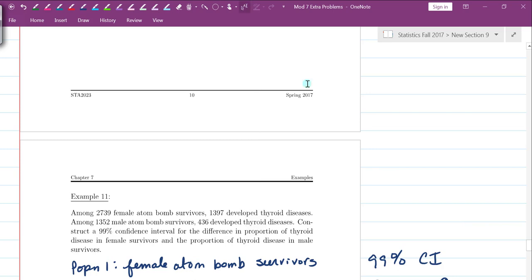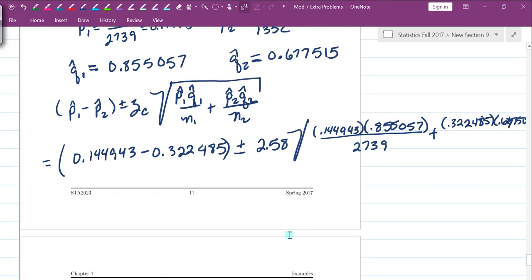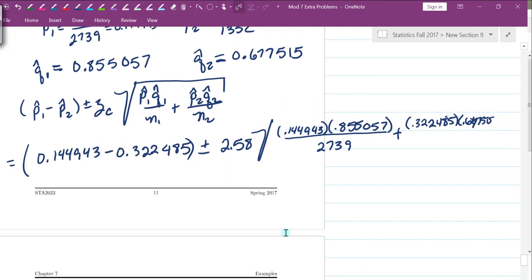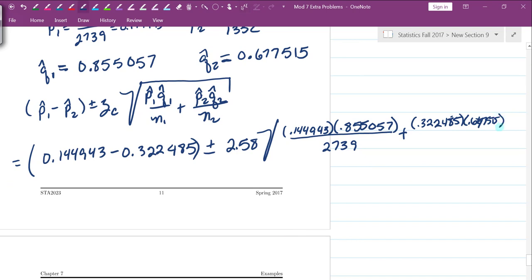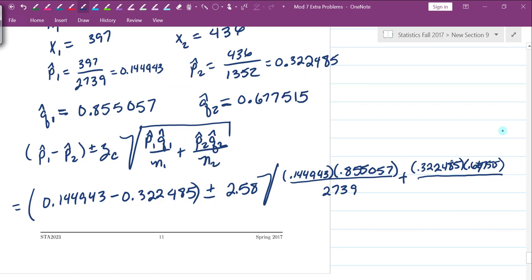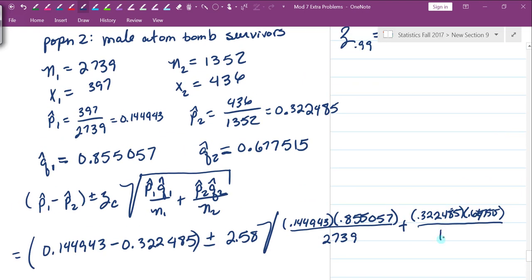Let's see if we can get that straightened out. There we go. Divided by 1,352. And that's your formula.